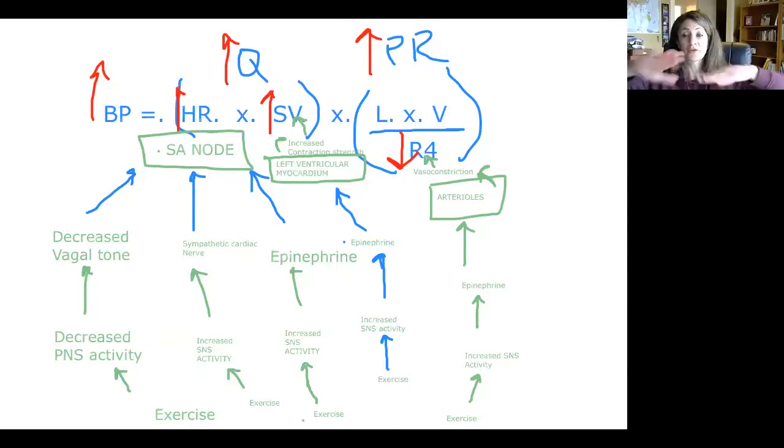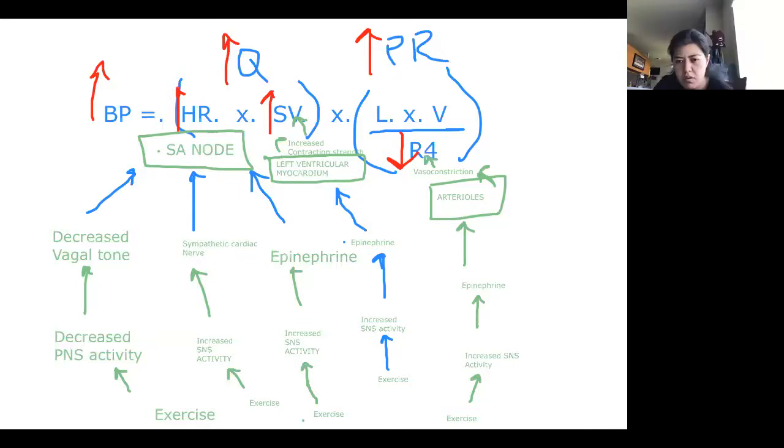Just go to one step above exercise. So start exercising. We have two ways of responding, either through decreased parasympathetic activity or through increased sympathetic activity. Does everybody see that? So from exercise, there's only two options of where to go. The parasympathetic side just has one pathway that goes to increasing heart rate. How many different branches does the sympathetic side have? Four. What are they?